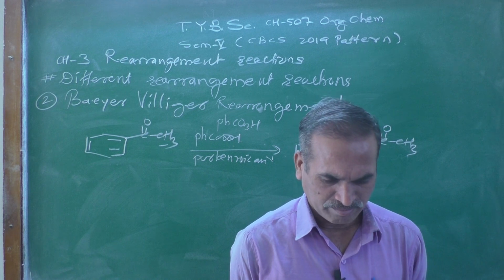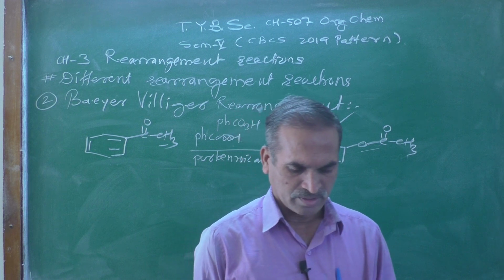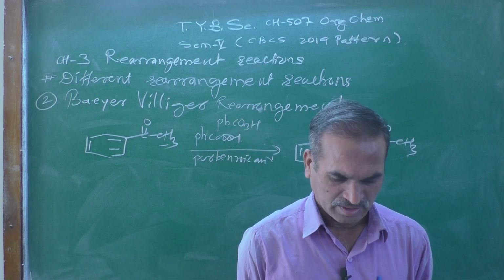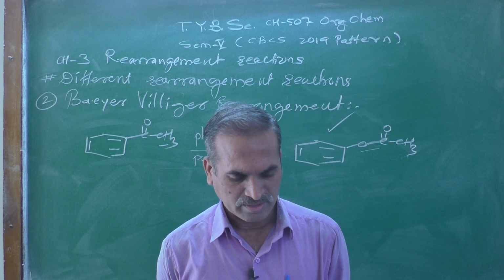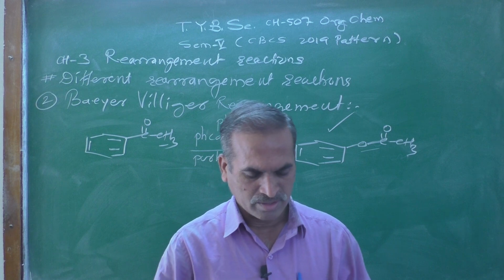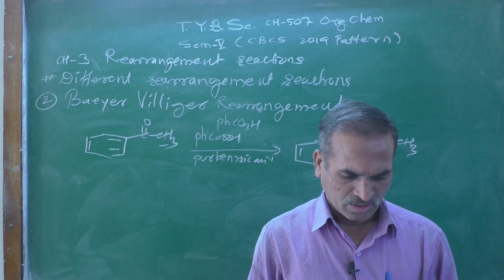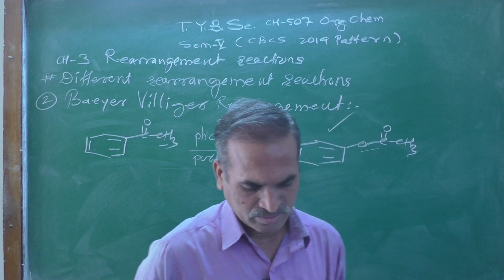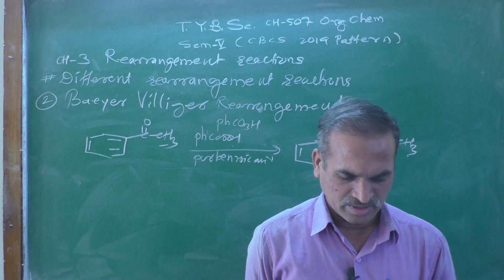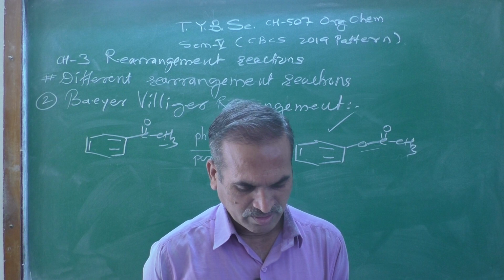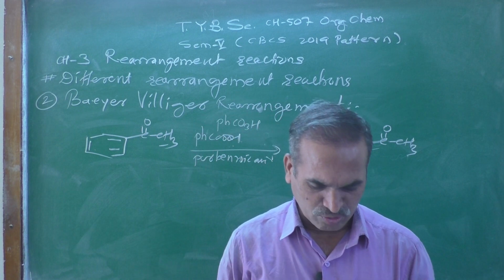So here Baeyer and Villiger used peroxysulfuric acid, commonly called Caro's acid, in their experiments, but other peracids like peracetic acid, trifluoroperacetic acid, perbenzoic acid, performic acid, and metachloroperbenzoic acid can also be used.